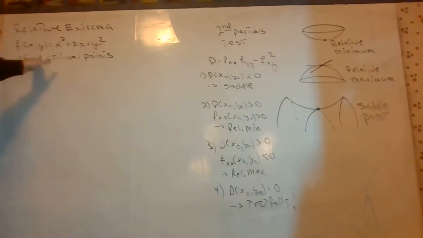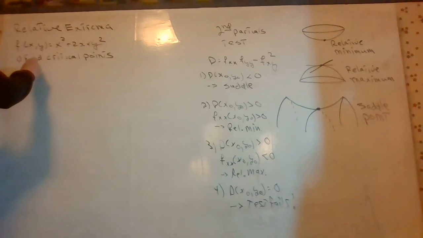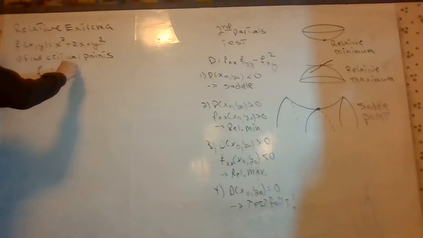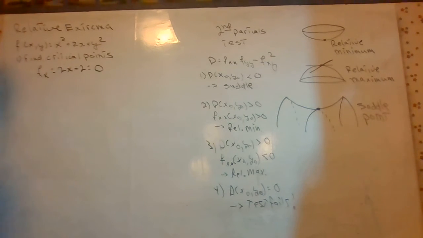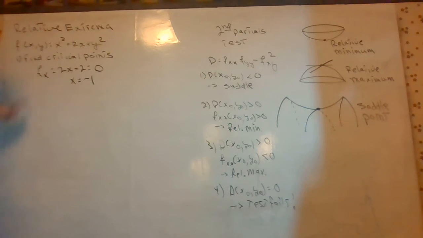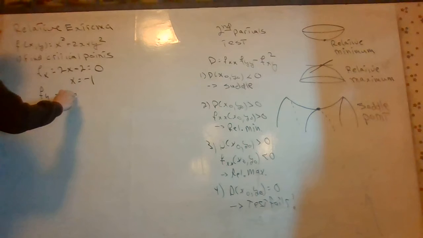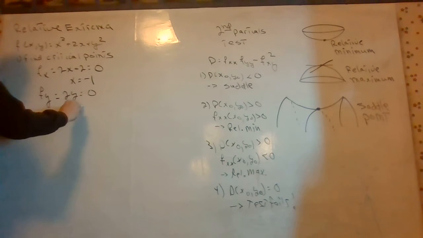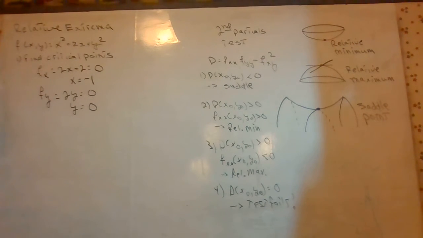So first of all, we're going to find the critical points. We find the x partial and get 2x plus 2, set it equal to 0, and that gives us x equals negative 1. And then the y partial, fy, is 2y, set it equal to 0. We get y equals 0.